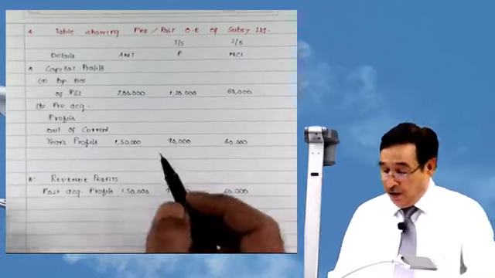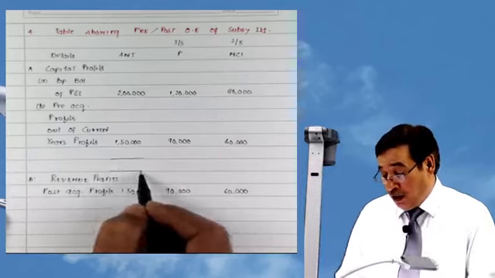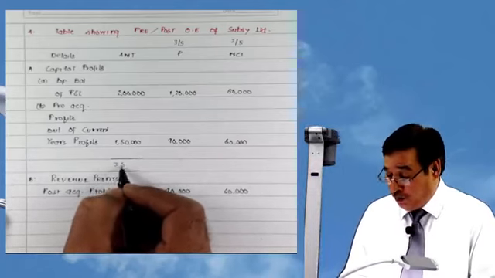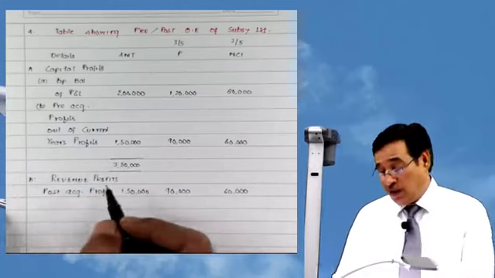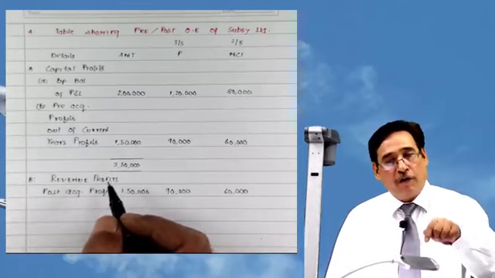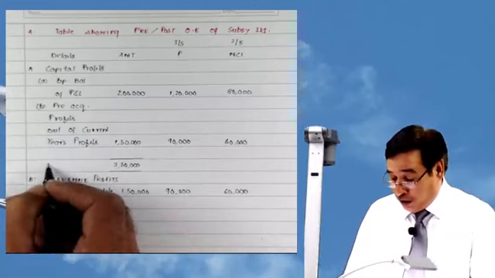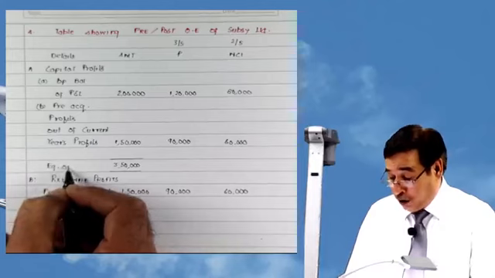Correct? Now, you tally your this amount, capital profits. It is 3,50,000. It also means, remember one thing, this 3,50,000 also means equity on the date of acquisition. Equity, I'm writing here, although it is not needed, equity on the date of acquisition.